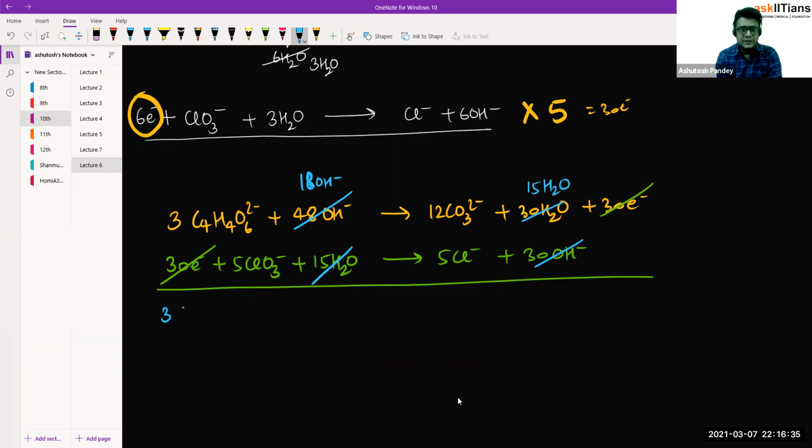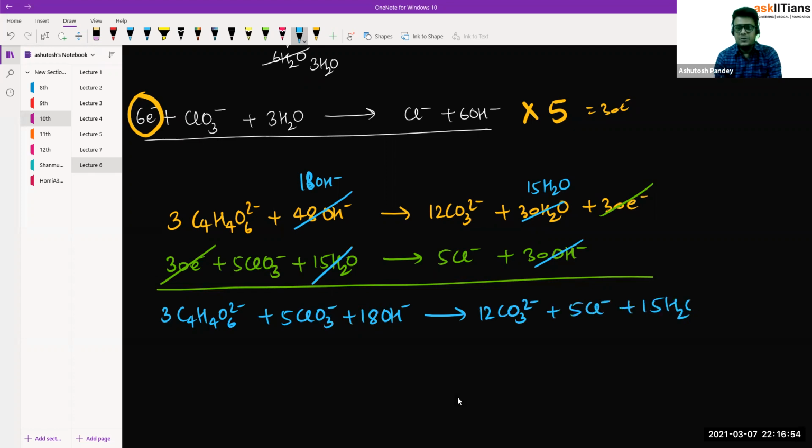Finally we can write 3 C4H4O6 2- plus 5 ClO3- plus 18 OH-, and we'll get on this side 12 CO3 2- plus 5 Cl- plus 15 H2O.